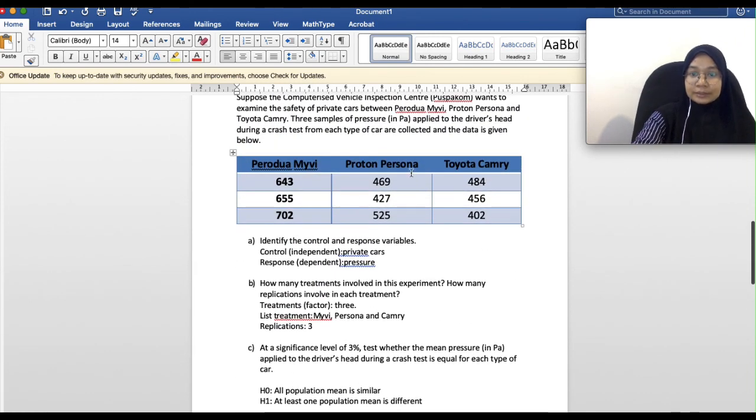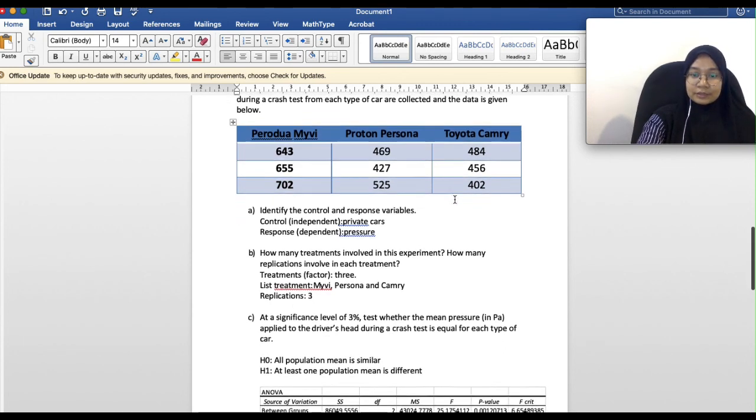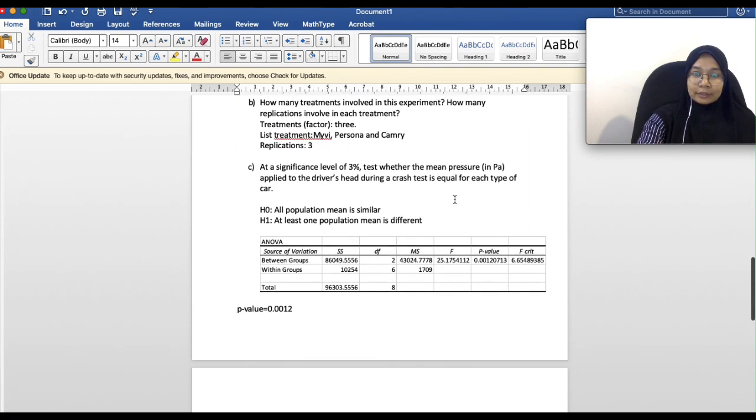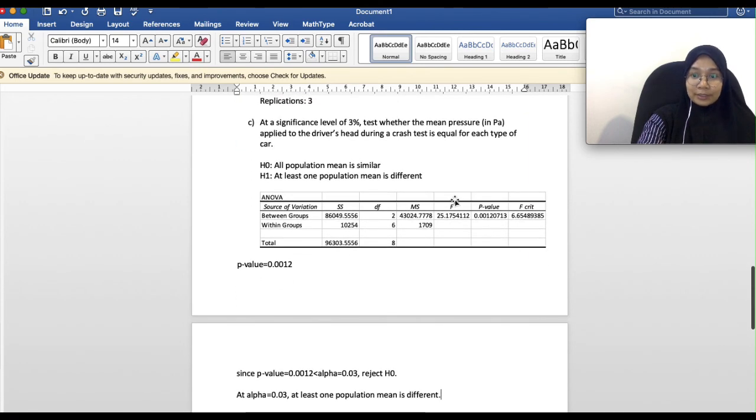So the three different private cars give different pressure to the driver's head. So different cars give different pressure, right? So that is the analysis of variance for one-way ANOVA.